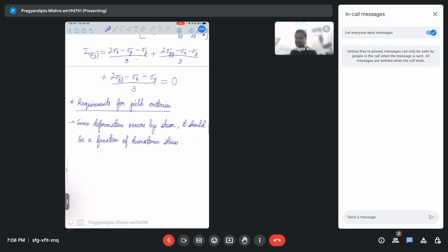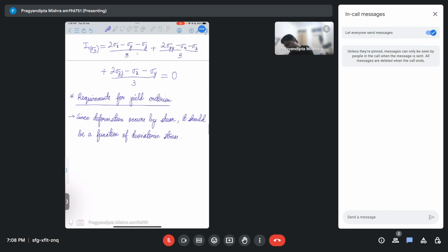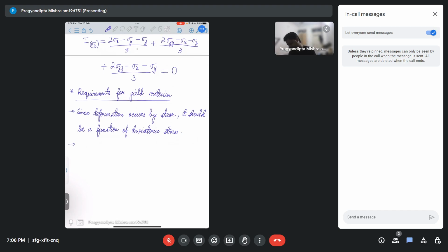Next, the vice versa of that. Actually, let me just write it together then. It should not be a function of hydrostatic stress.